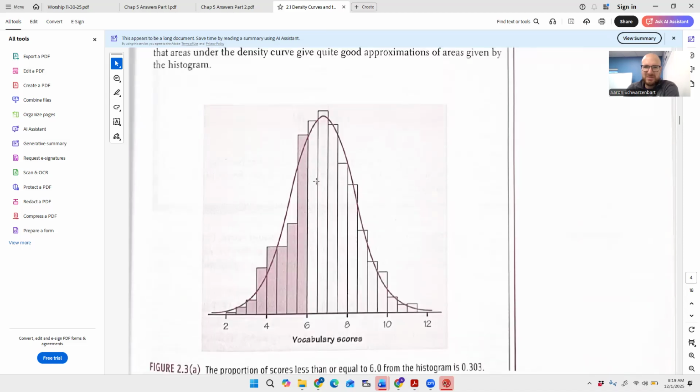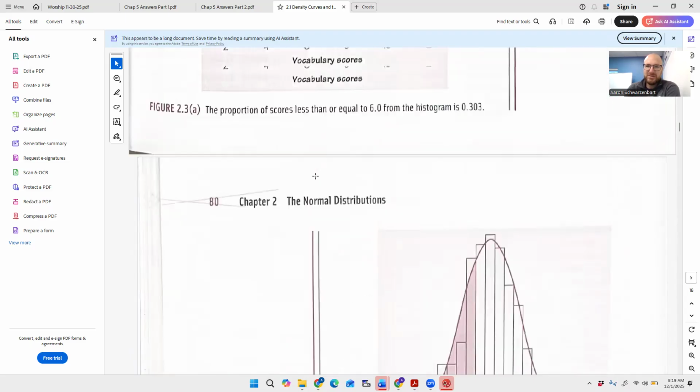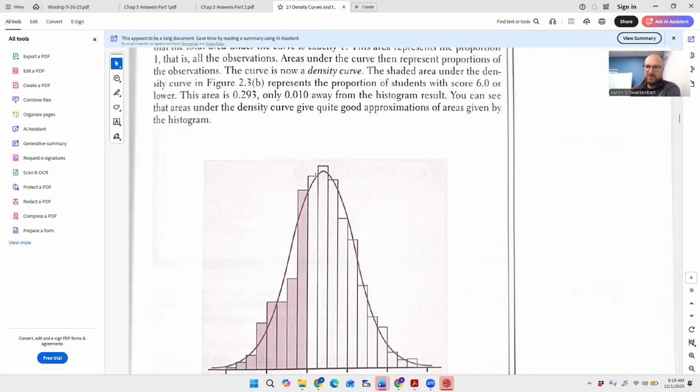So scoring 6 and below, if we put it on a density curve, we'd essentially do this. And we just sketch like that. We don't need our perfect histogram.